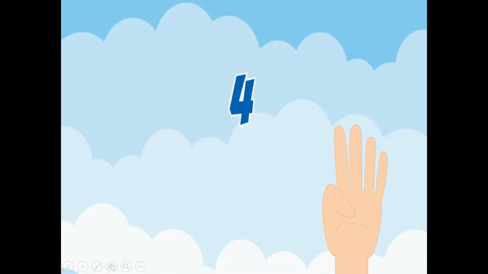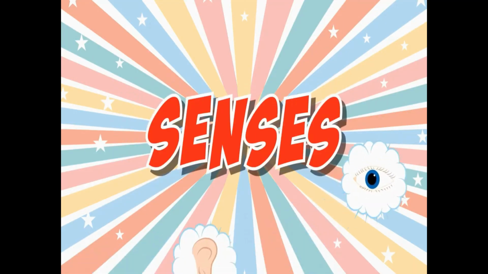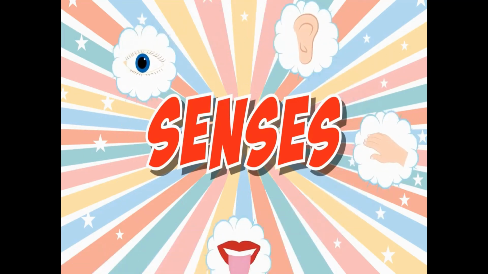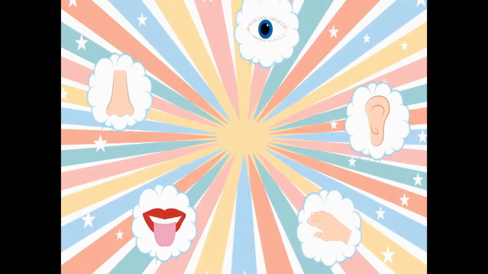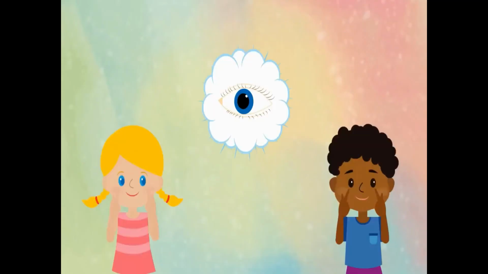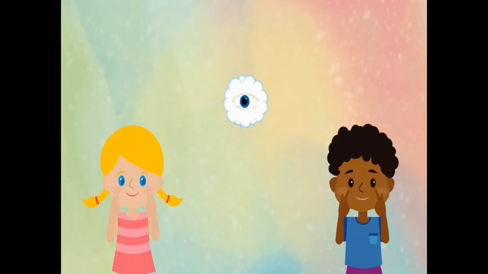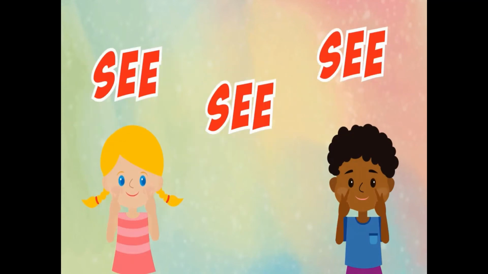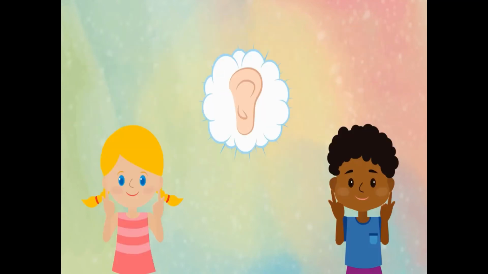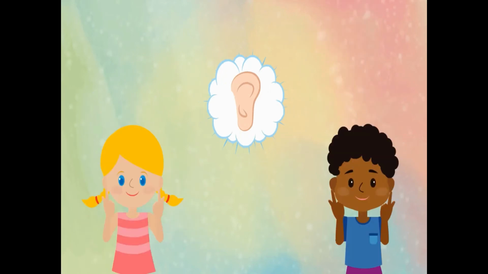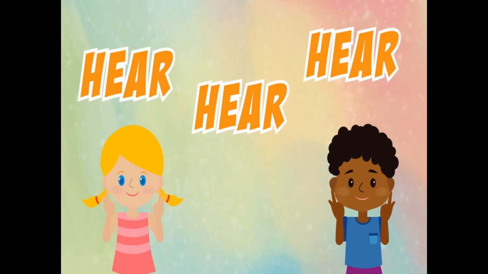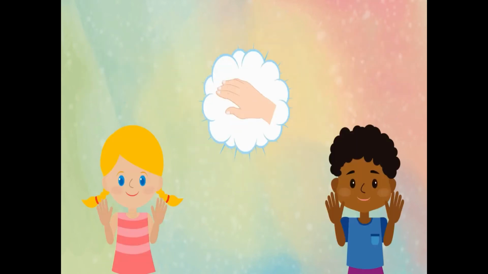1, 2, 3, 4, 5. Senses, let's explore our senses. We all have 5 senses. Let's count together. 1, 2, 3, 4, 5. Hey! 1. I can see with my eyes. I see you, you see me. I look all around. See, see, see. 2. I can hear with my ears. Stomping feet, clapping hands. Sounds are all around. Here, here, here. 3. I touch and feel with my skin.